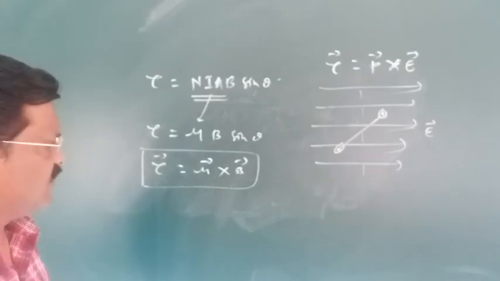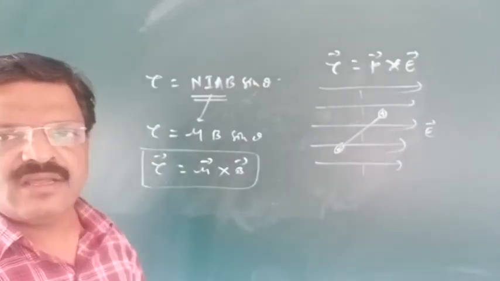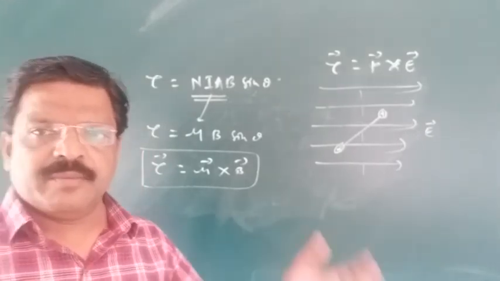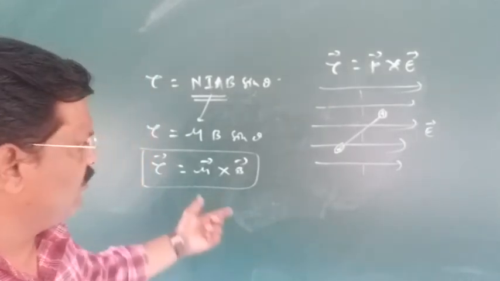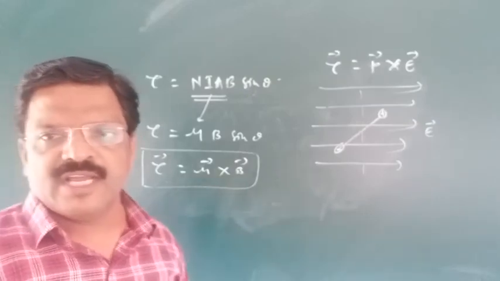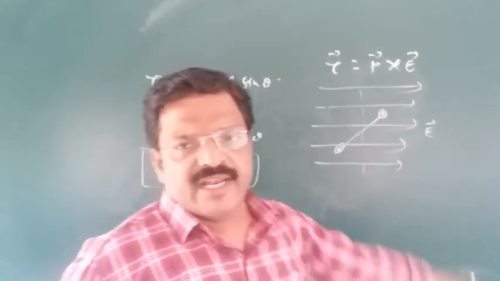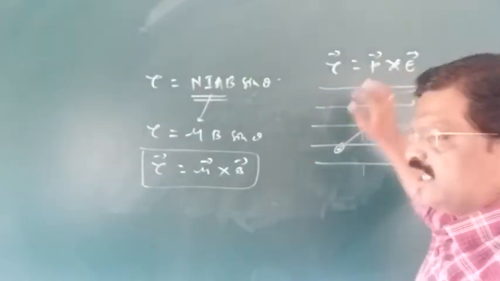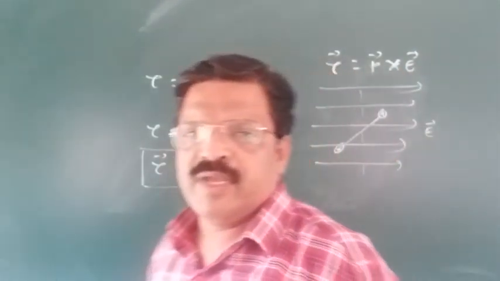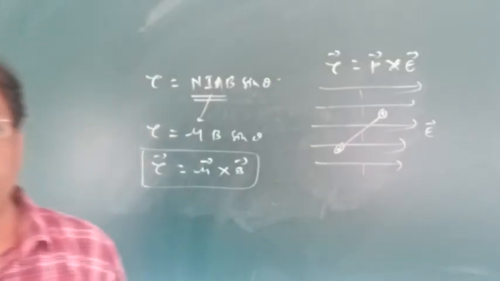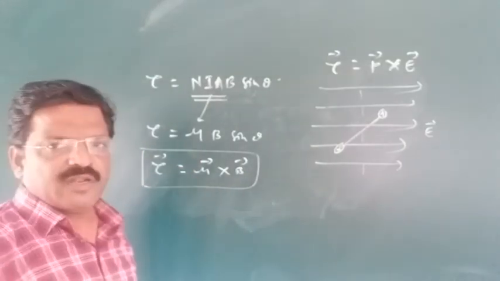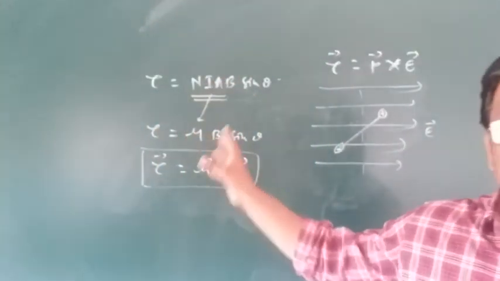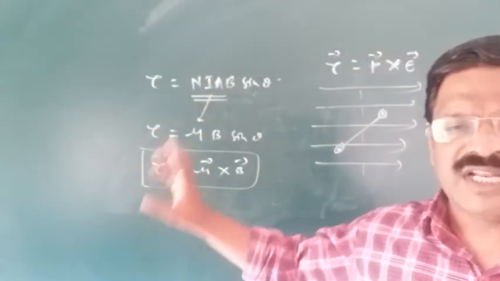Two analogous equations. When torque is acting on a coil carrying current kept in an external uniform magnetic field, the torque formula is mu cross B. And when an electric dipole is kept in an external uniform electric field, the torque experienced by that dipole will be P cross E. So please take into consideration these are the two formulae which are analogous.